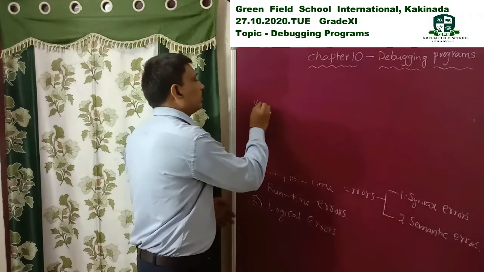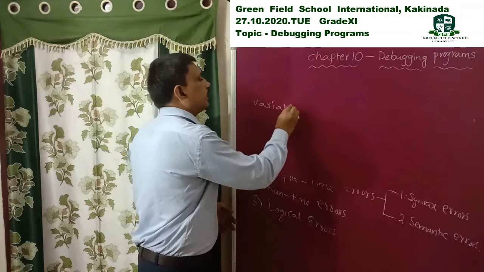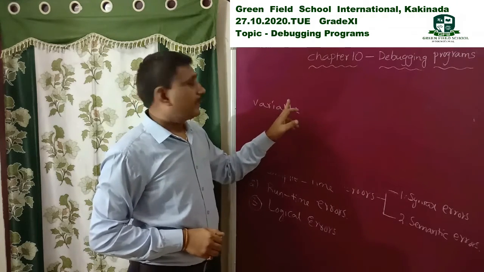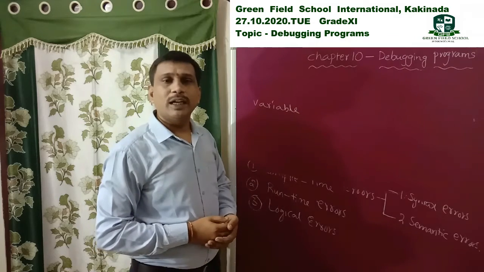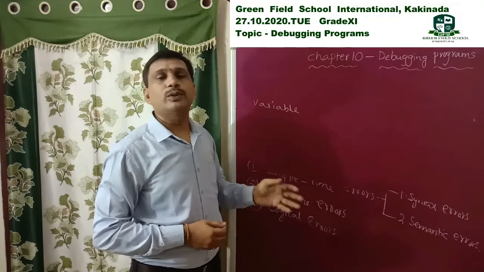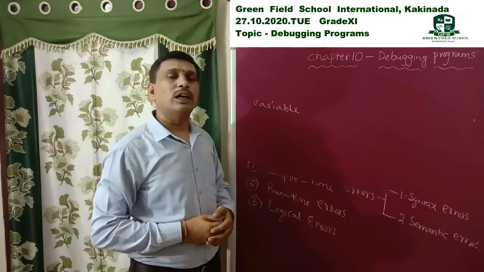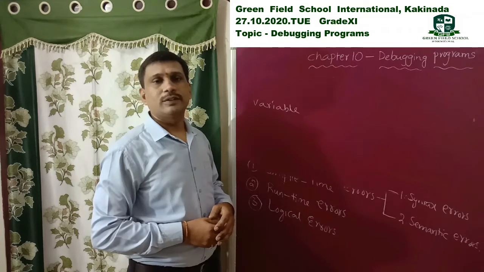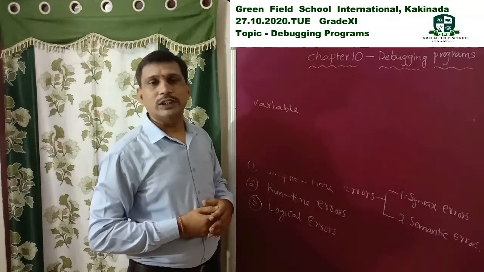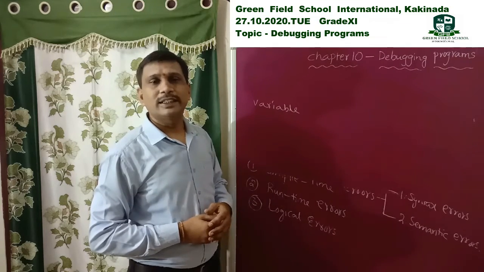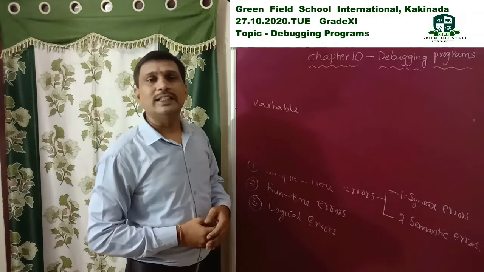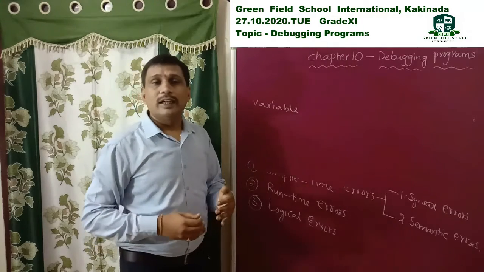First we define the variable. After defining the variable, we use that variable in our program. If we use a variable without defining it, it returns an error. That error is called a runtime error.